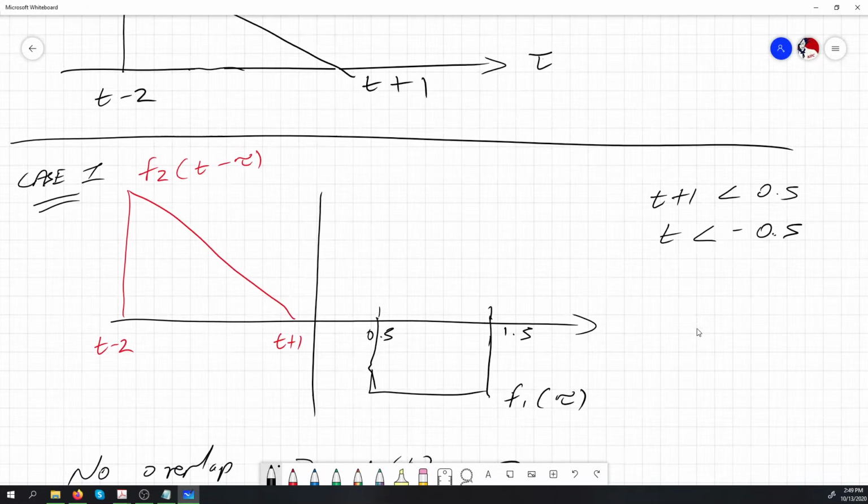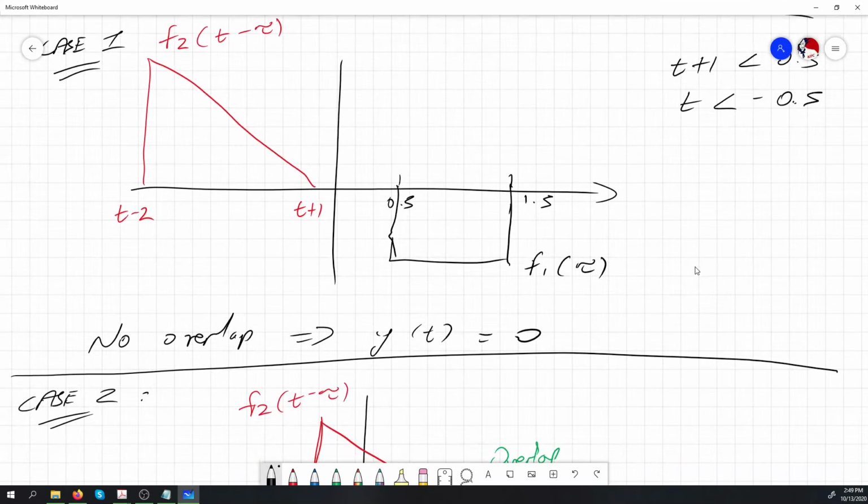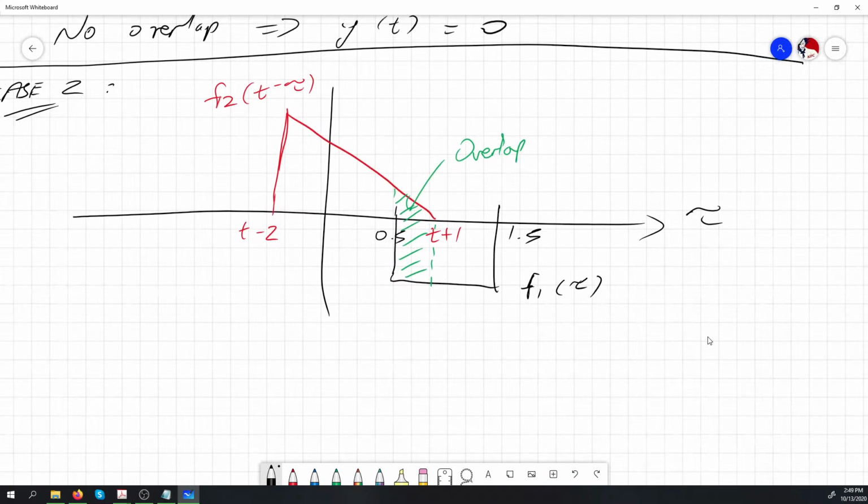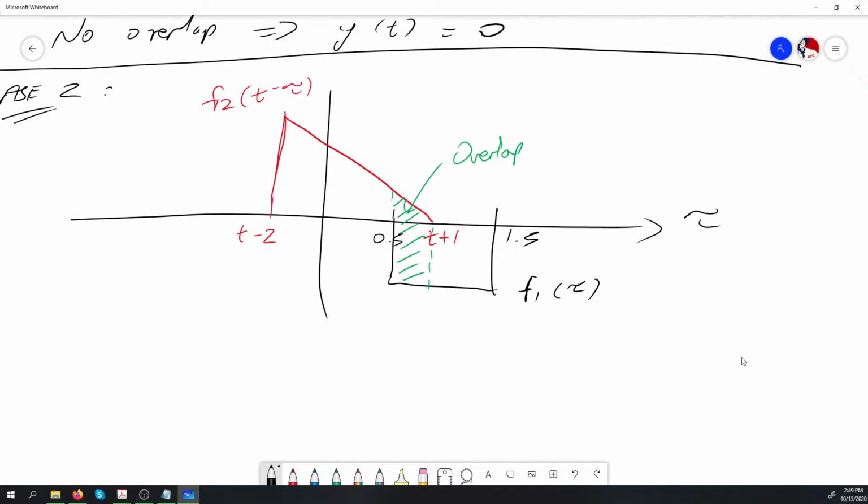Okay. The case 2 on the other hand, let's actually start evaluating this accordingly. So our time range here is t plus 1 has passed 0.5. So we say t plus 1 is more than or equal to 0.5. So t here is going to be more than or equal to negative 0.5.